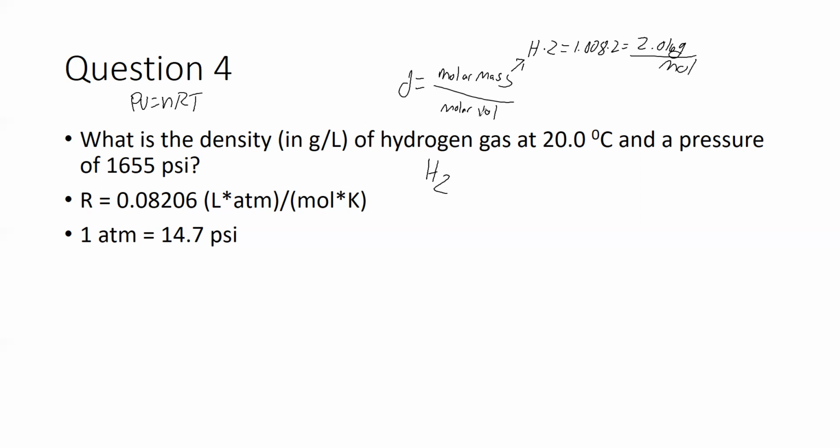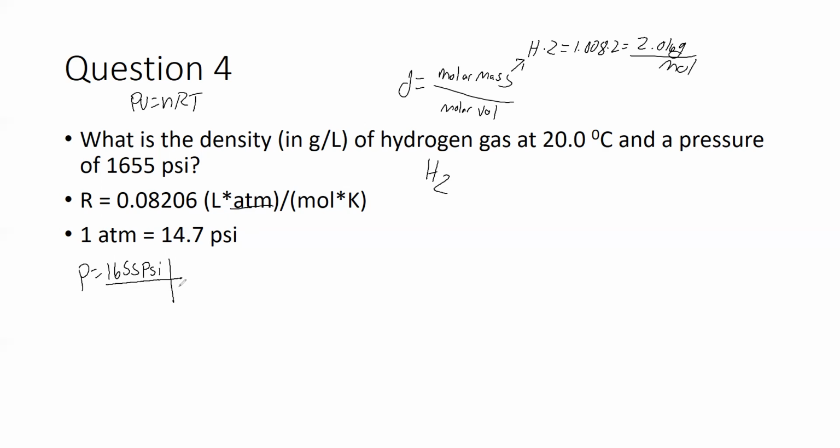What is the volume of 1 mole of gas under these conditions? So let's figure out our variables. Pressure is 1655 psi. Our gas constant is in atmospheres, though, so we don't want to be in psi, we want to be in atmospheres.